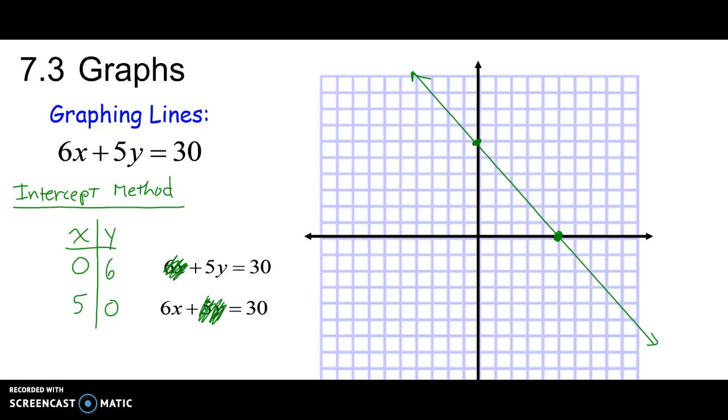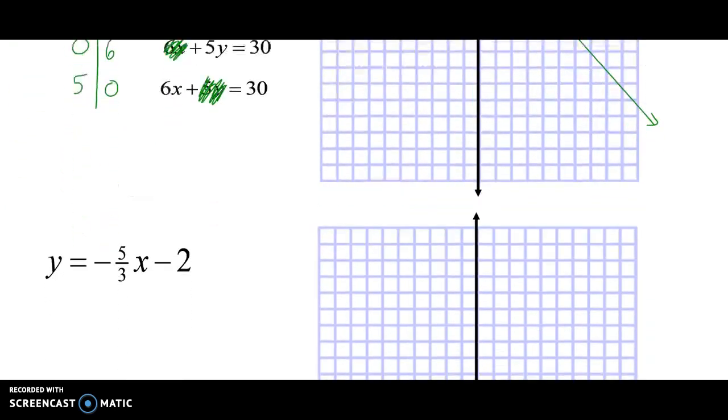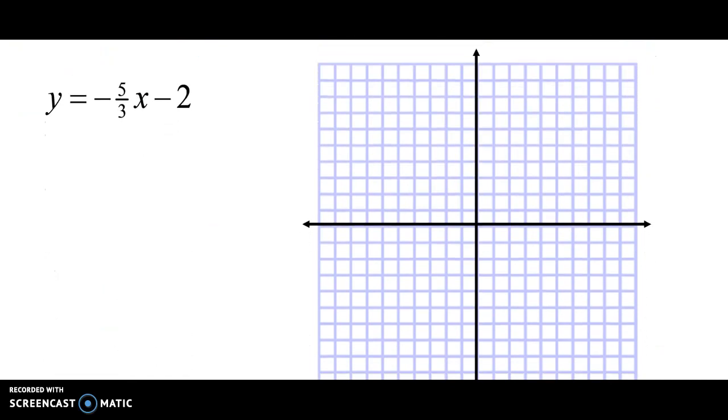There are some situations in which the intercept method is not the best method. Typically, those situations look like this, where you have an equation that's been solved for y, and that's going to be a pretty common thing. Since we've been talking about functions here in Chapter 7, you'll notice that functions are almost always written y equals everything else. Or even more generally, they might say f of x equals everything else.